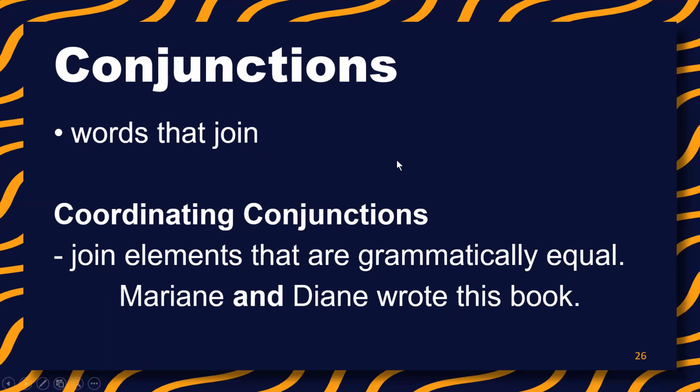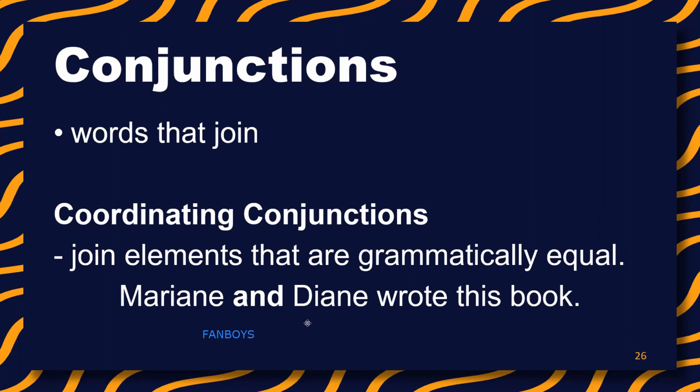Aside from and, we also have different coordinating conjunctions. You just remember FANBOYS as the acronym for the different coordinating conjunctions. Ito yung acronym for your coordinating conjunctions. It stands for for, and, nor, but, or, yet, and so.